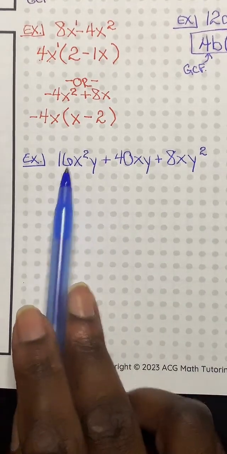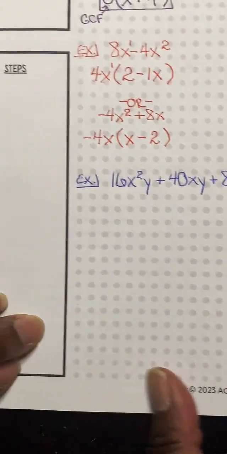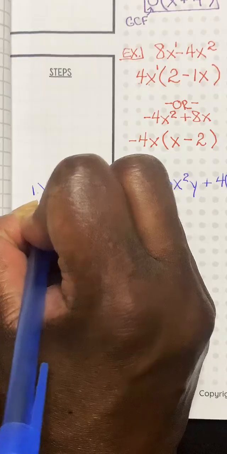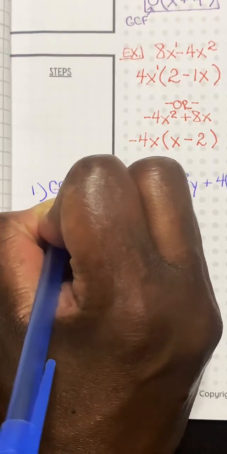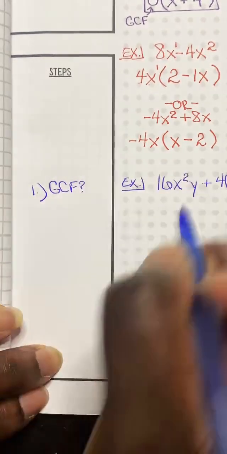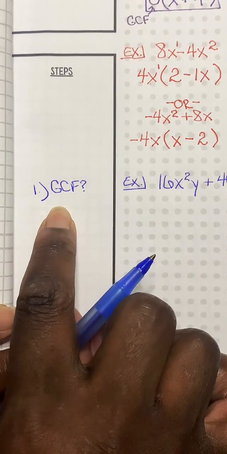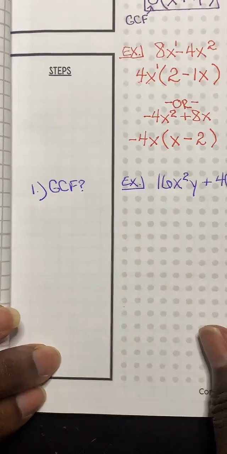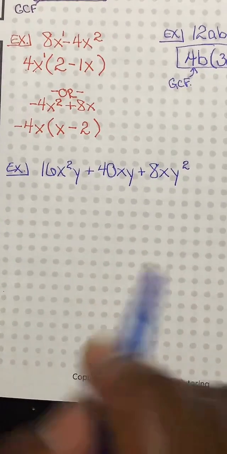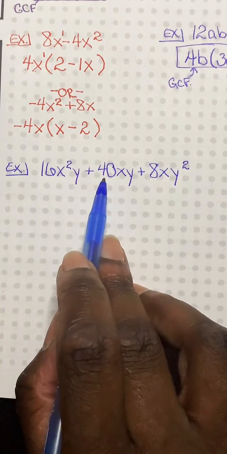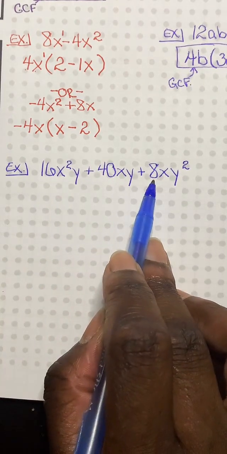Factoring. The very first question you should always ask yourself is, do I have a GCF? Anytime you're doing factoring, you should always ask yourself that question. So when you look at the numbers 16, 40, and 8, yep, I do.